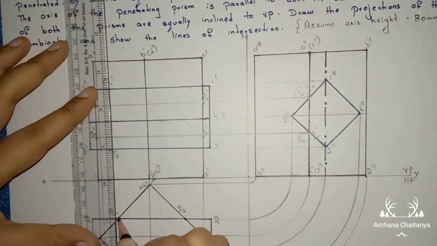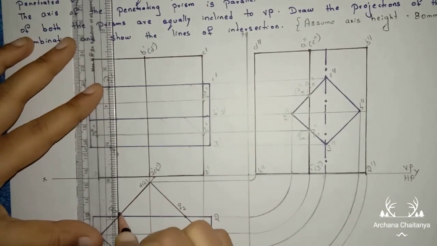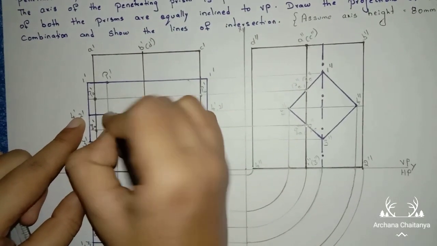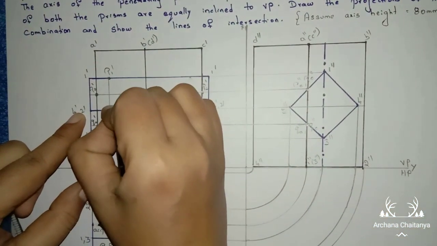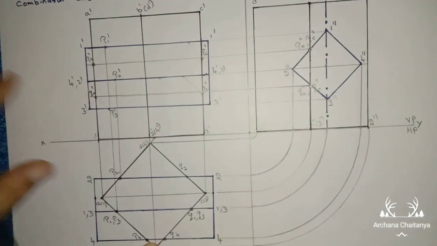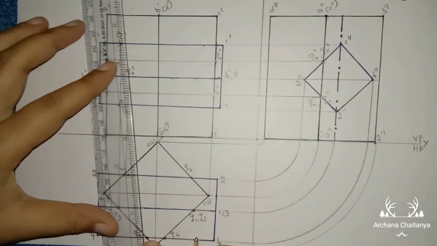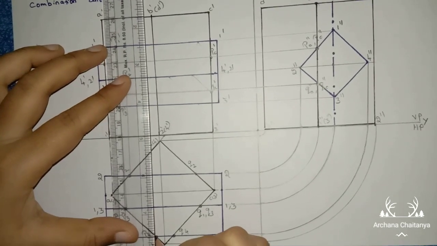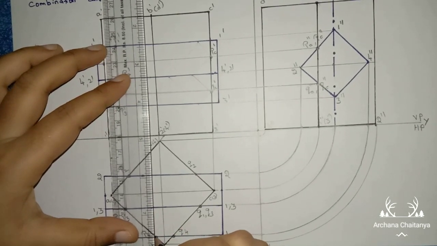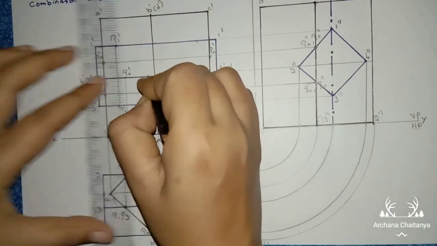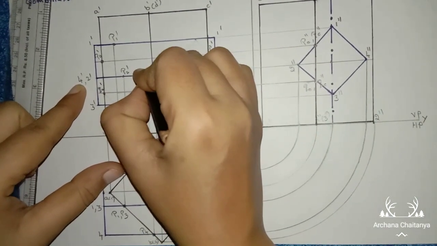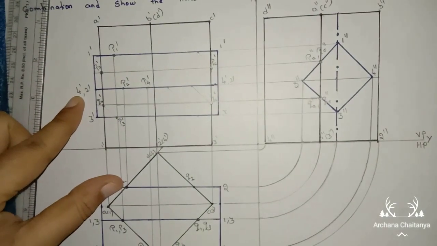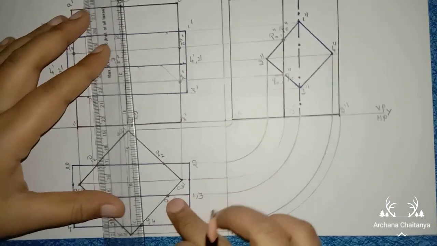Then next P2, from P2 I am drawing the projectional line to second point. I am naming this point as here P2 dash. Again P4, from P4 I am drawing the projectional line till fourth point. See, fourth point I am naming this point as here P4 dash.